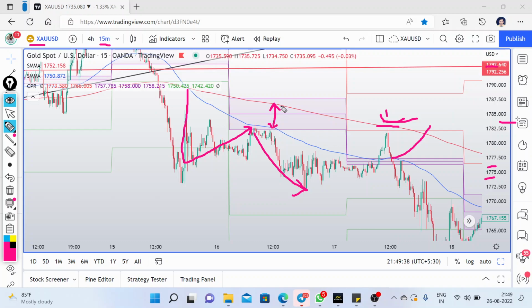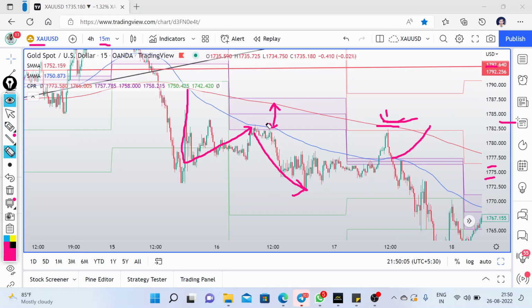If you remember, if the distance between these two moving averages increases, this indicates that the trend is strong, and there is a possibility that the trend is going to follow these moving averages, because a moving average is basically a trend following indicator. So you have to follow the trend, and you have to keep an eye on this difference.